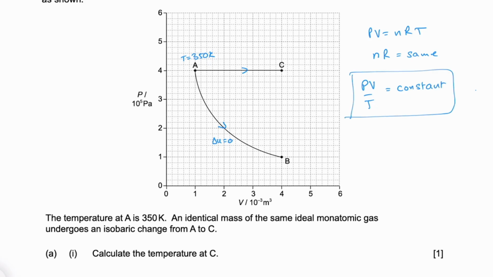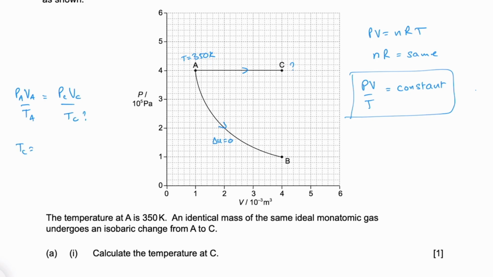Calculate the temperature at C. This is an isobaric expansion. We want to know temperature, and we've got a lot of data at A. So PA VA over TA equals PC VC over TC. So TC equals PC VC TA over PA VA, cross multiplying.